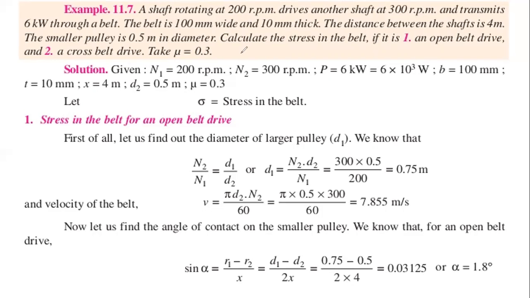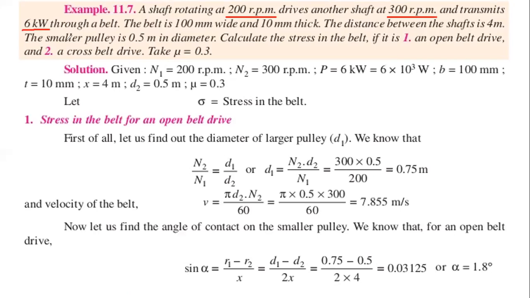A shaft rotating at 200 rpm drives another shaft at 300 rpm. So they have given two speeds here. The first one is 200 rpm and the second one is 300 rpm. And it transmits 6 kilowatts through a belt.